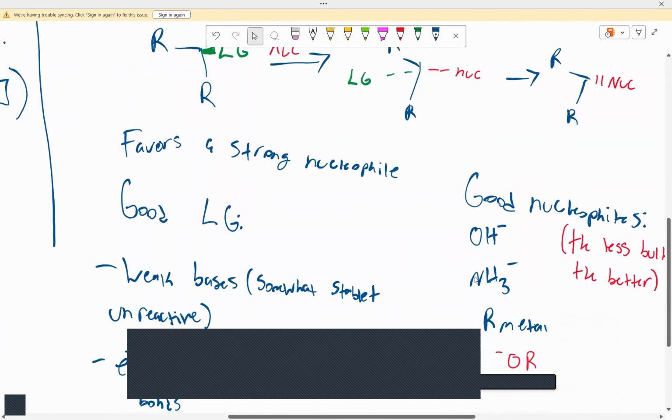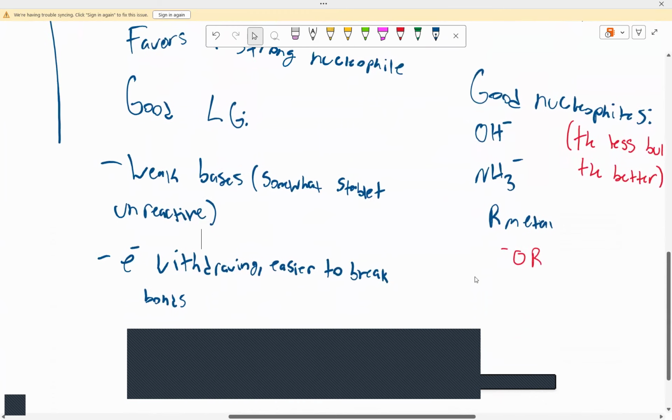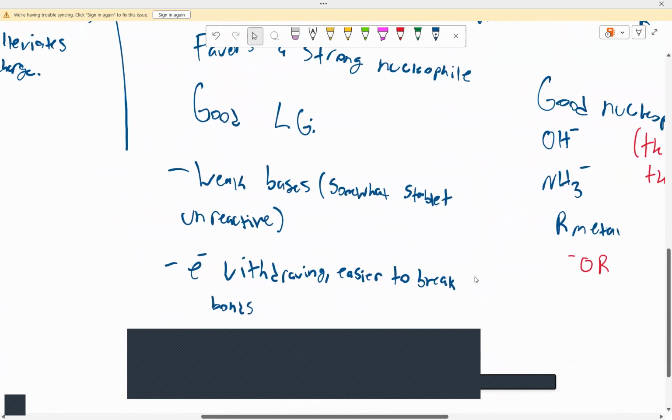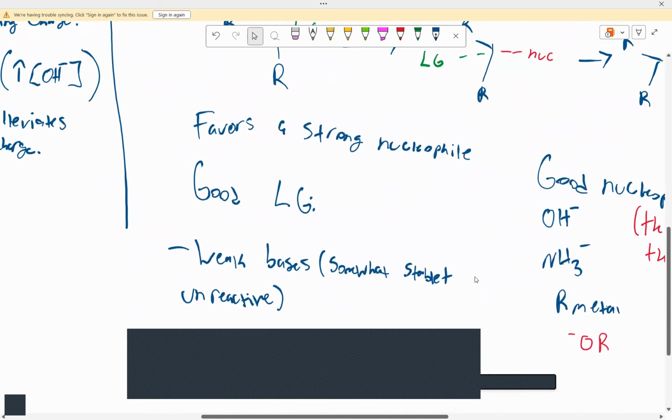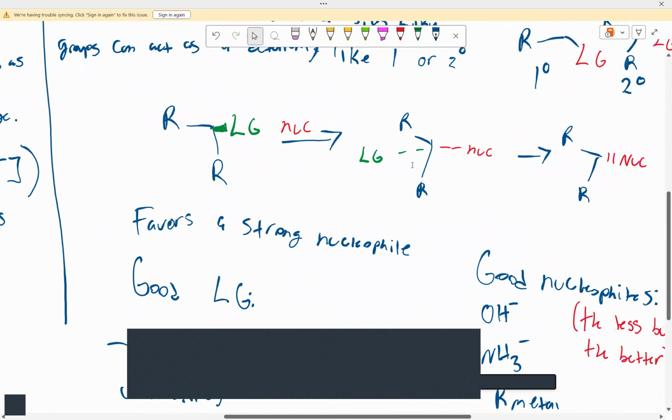And if something is electron withdrawing, it's easier to break the bond between the leaving group and that carbon. That makes sense, right? If you have something that is electron withdrawing, that means it's kind of unstable, and that carbon will be more partially positive, which makes it easy for a nucleophile to swoop in and kick off that leaving group.